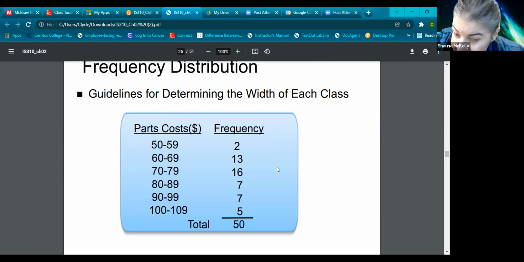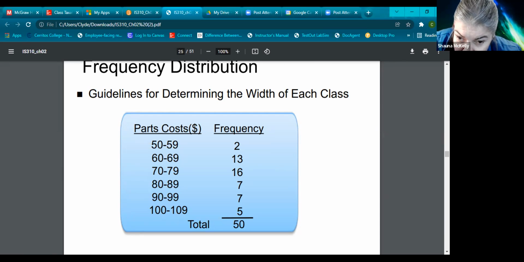So different textbooks will tell you differently. Some books will say, start with the lowest one, which is 50, right? Some books will say, go ahead and start 1 or 2 units below that, so that you can make the width balance, okay? So it just depends. But here they're starting with the lowest.